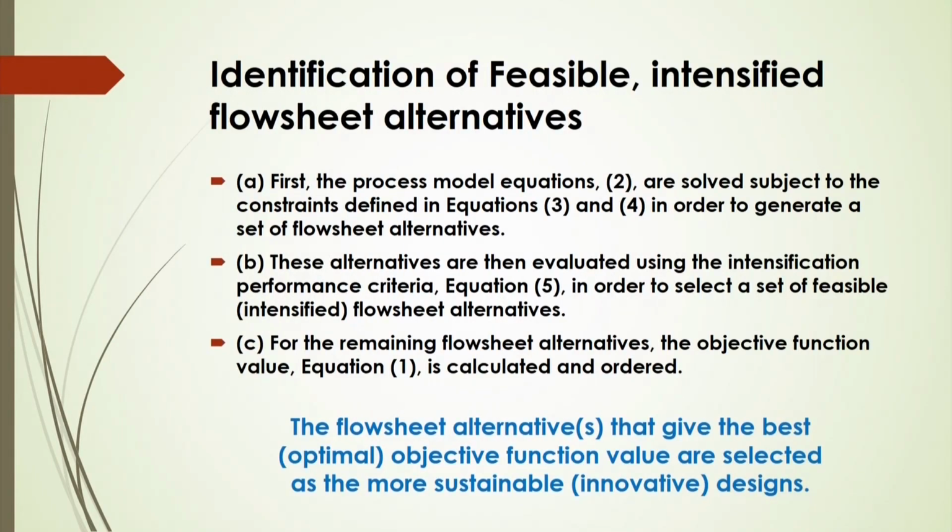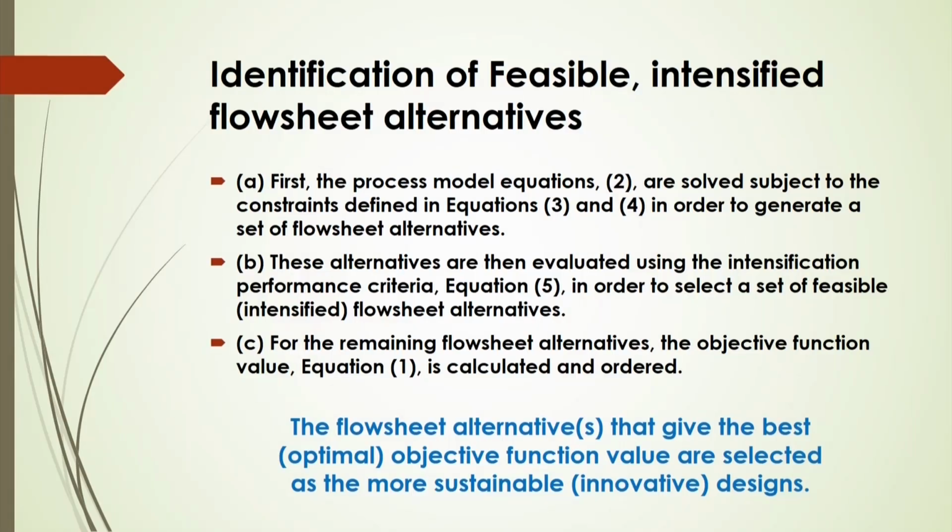Now, what are the alternatives for the feasible and intensified flow sheet? First of all, you have to consider the process model equations, which will be solved subject to the constraints defined in equations 3 and 4 that I have given earlier, in order to generate a set of flow sheet alternatives.